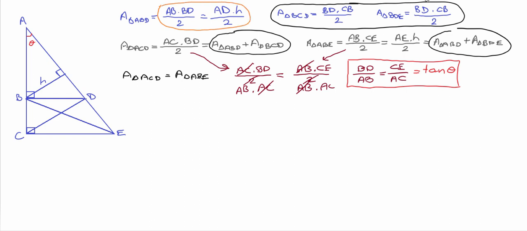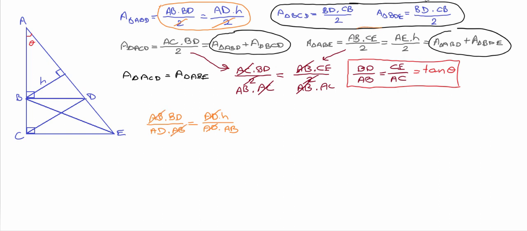Now in this equation, the twos cancel each other, and I'm going to divide both sides by AD. ADs cancel each other, and I'm going to divide both sides also by AB. Now these ABs cancel.